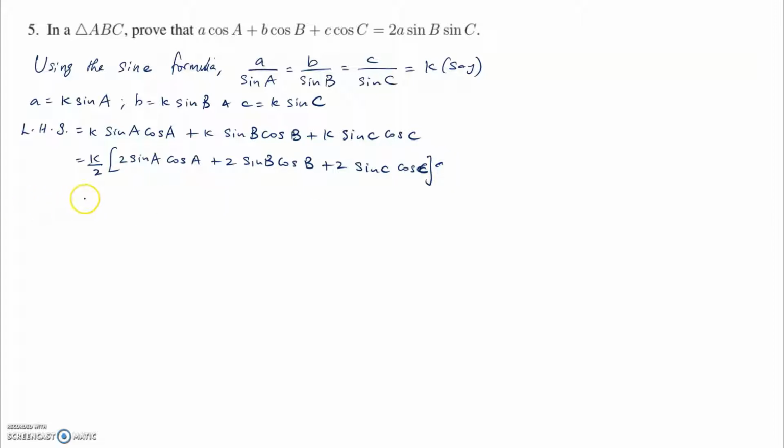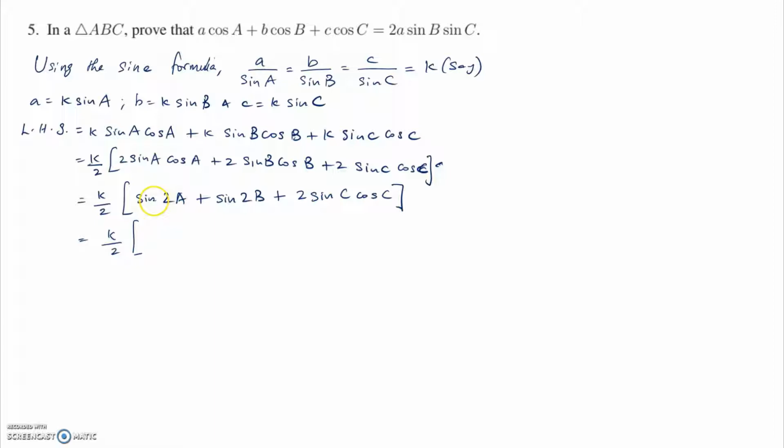Alright. Further, 2 sin A cos A is nothing but sin 2A and this will be sin 2B. So let's replace the first two terms as sin 2A plus sin 2B, plus let's keep the third term as it is, so it's 2 sin C cos C. Let's keep the k by 2 as it is.